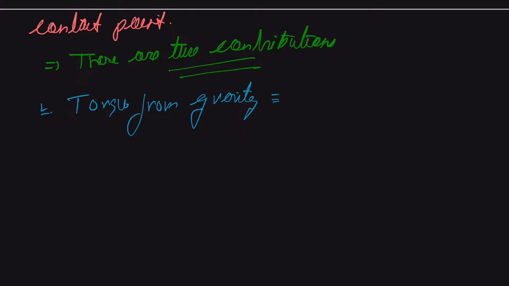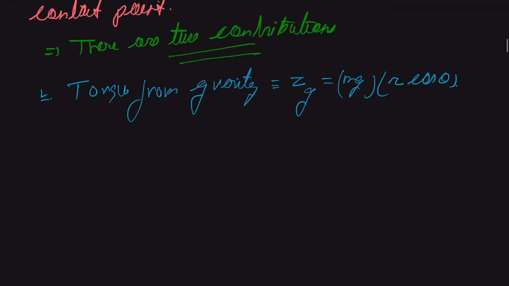and let us call this as our torque due to gravity as G, and we get this as our mg, and our r cos of theta, okay, and its direction will be out of the page.